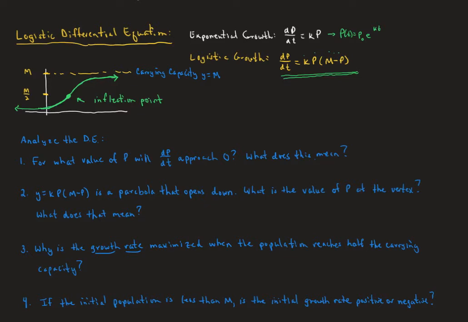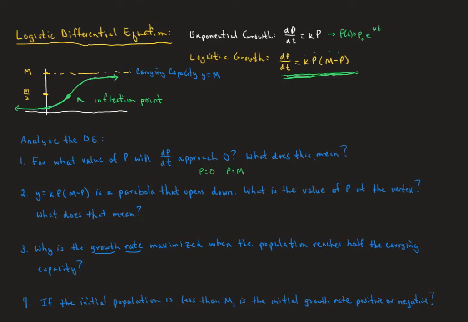When you look at that differential equation, you can see that the values of P that will make that 0 are going to be P equals 0, when the population is 0, and also when P is equal to M. So what that's telling us is that it's going to approach these populations asymptotically, as we have those horizontal asymptotes at P equals 0 and P equals M. And so that's where the population is going to stop growing. It's going to approach 0, where it'll just hit a steady state.